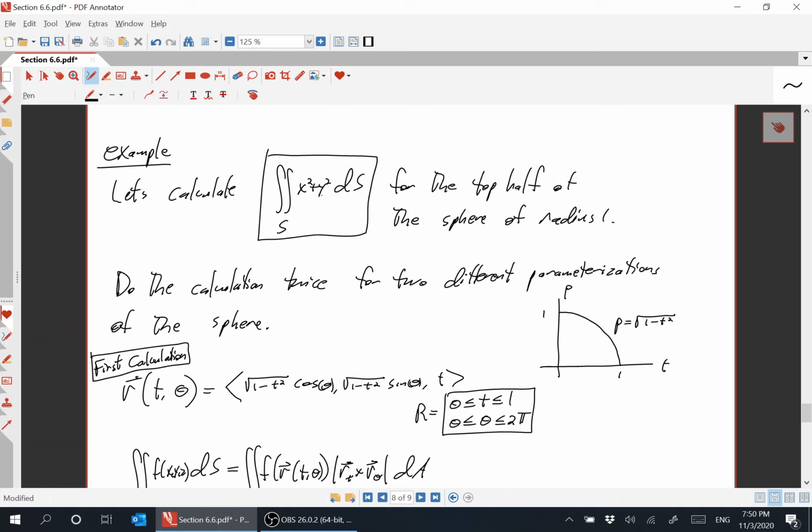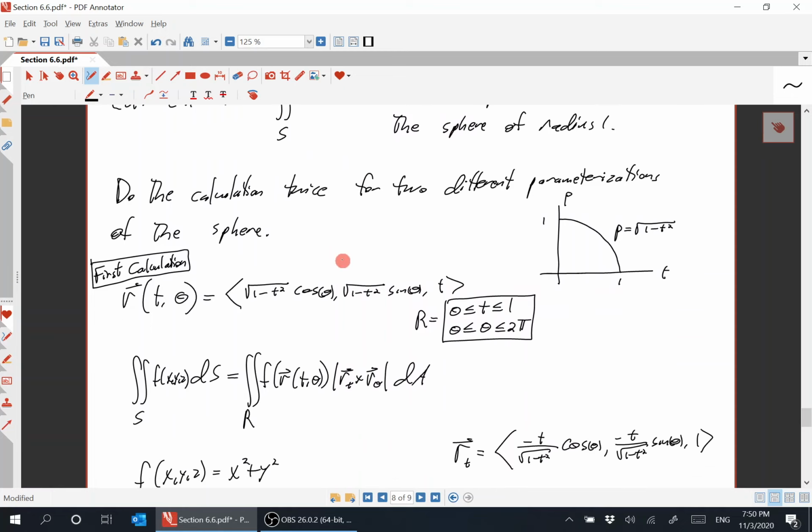Surface integral of x squared plus y squared dS, where S is the top half of the sphere of radius 1. And I want to do this for two different parameterizations of the sphere. So the first parameterization we took was the one that we talked about earlier, using the idea of rotating this curve.